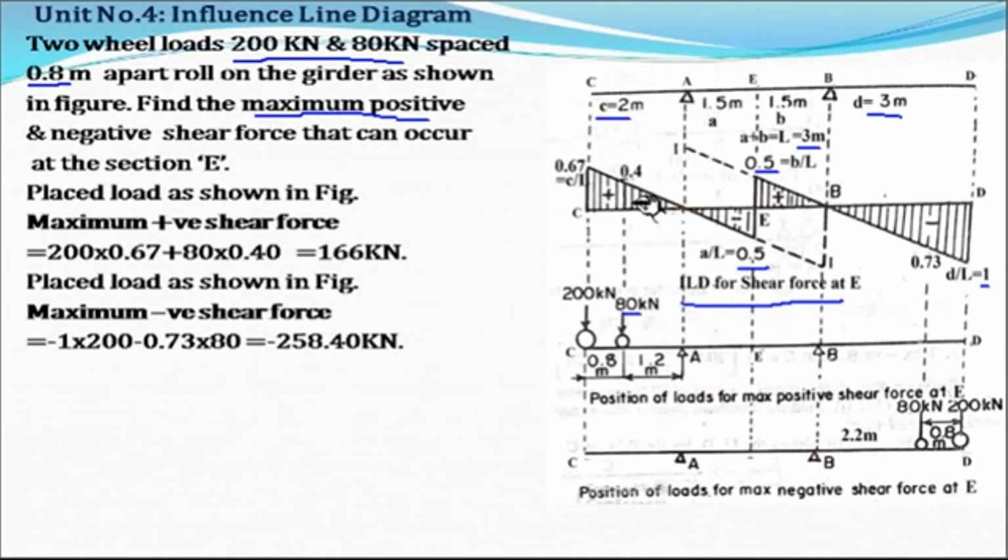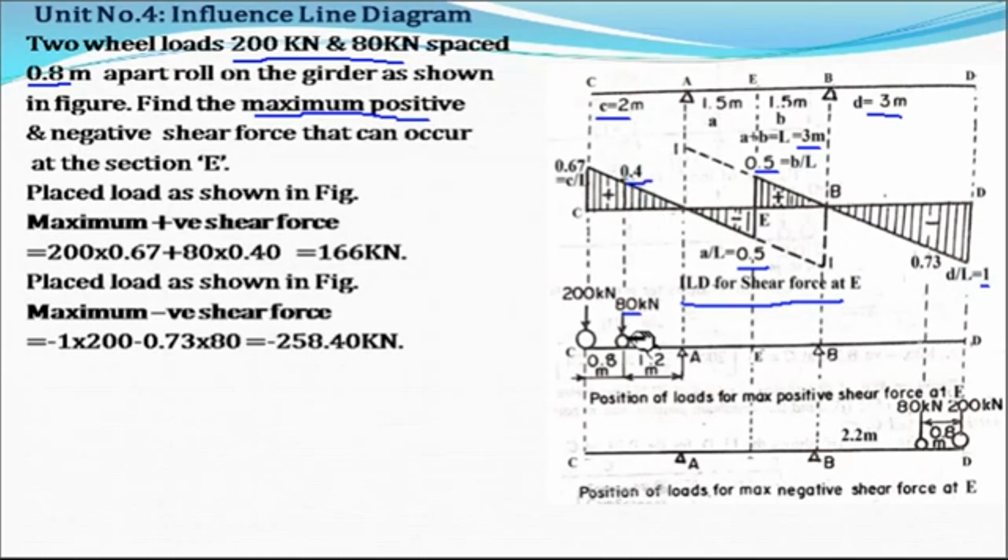Now we have to find out the ordinate below the 80 kilonewton by considering these two triangles. Okay, now this 0.67 will be equal to this ordinate X, and this length CA will be equal to this length. Okay, that is 2 will be equal to 1.2, and if you solve this, we'll get this ordinate as 0.4.